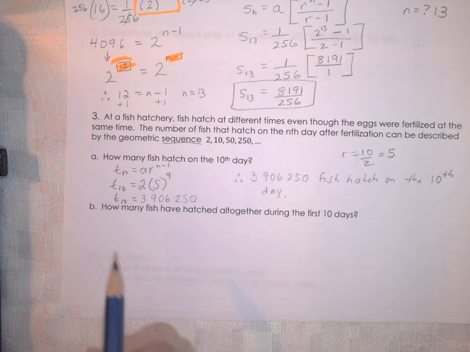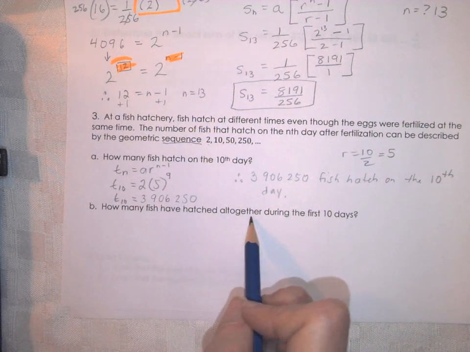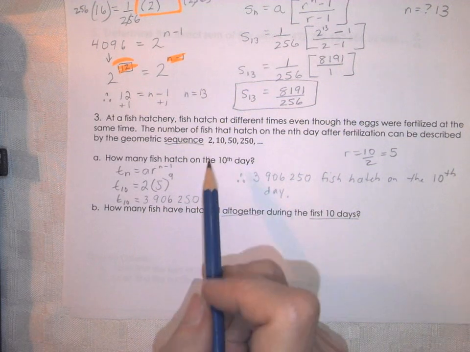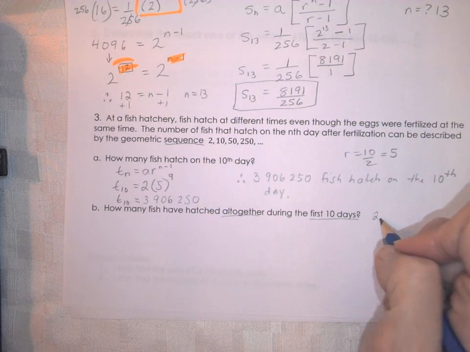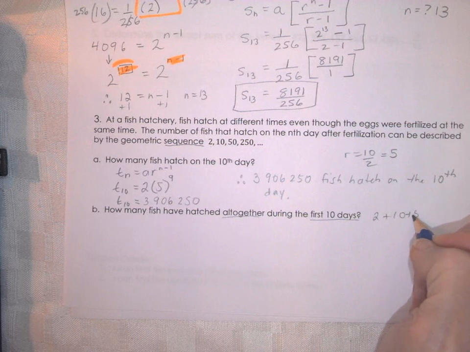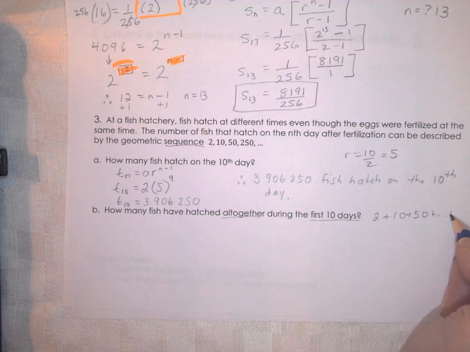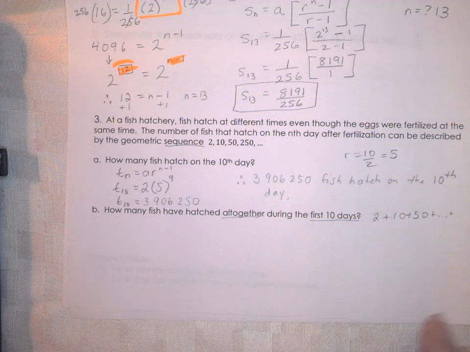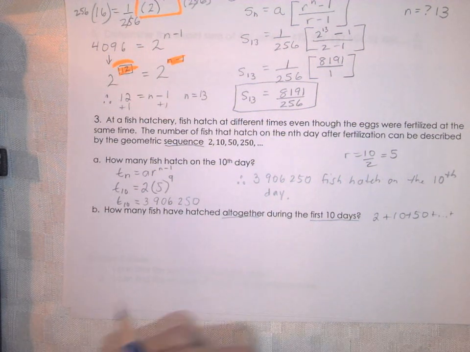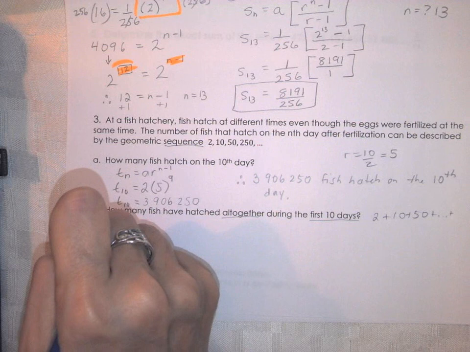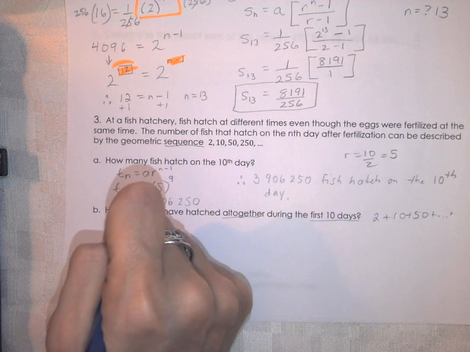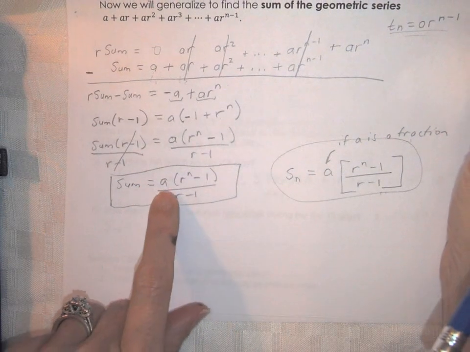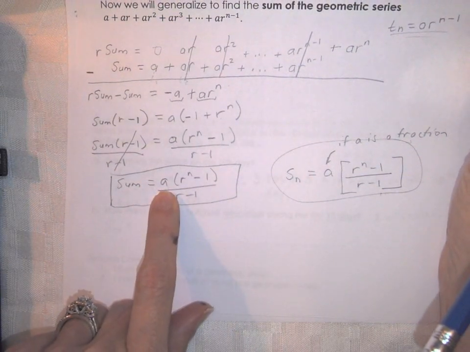Part B of the question says how many fish have hatched altogether during the first 10 days. So now we want to add up 2 plus 10, plus 50, plus all the way up to that 3 million number there, okay, which I can't fit in writing. But I want the sum of the first 10 terms. So S10 is going to be, and we're going to use this format because A is an integer.